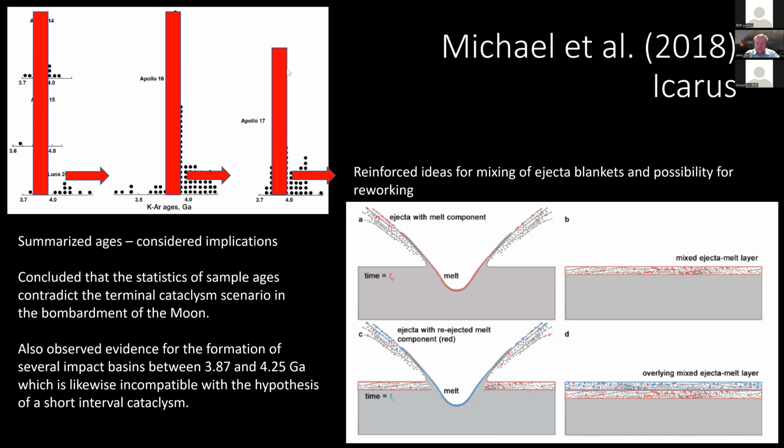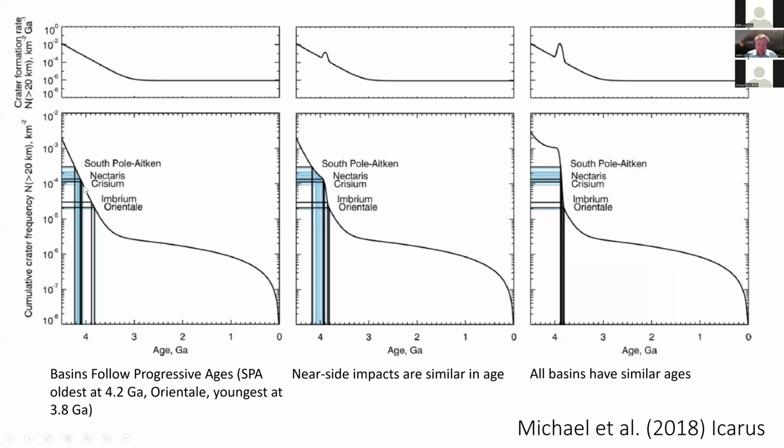They were also able to show by models that impact ejecta blankets allow the possibility of reworking. So you can have older impact ejecta blankets that are reworked by younger ones, as shown in these diagrams here. They pointed out that if we don't know the ages of these major basins that well, we could have two end-member scenarios.